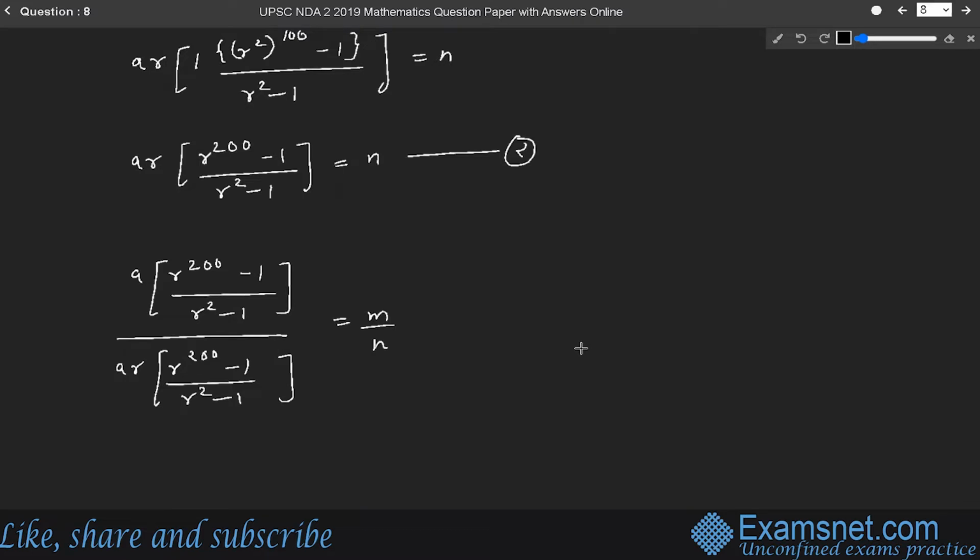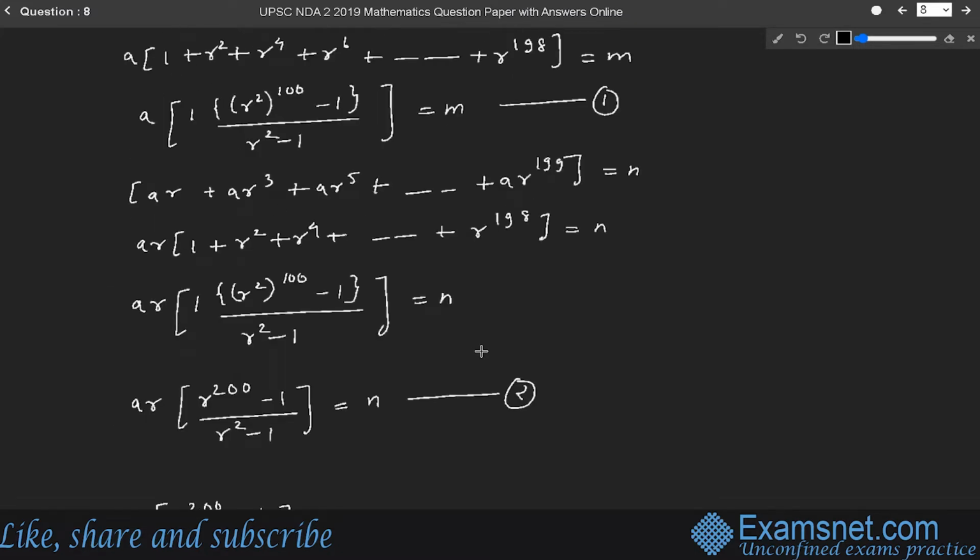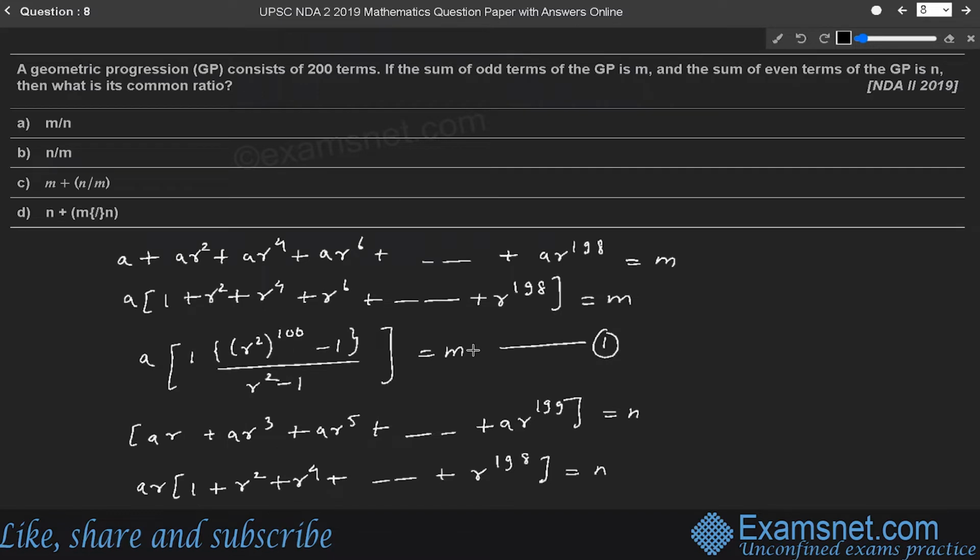So it becomes 1 by R is equal to m by n, or we can say that R is equal to n by m, and R is the required common ratio here. So we can say that the common ratio here is n upon m. Therefore, the correct option here is option number B.